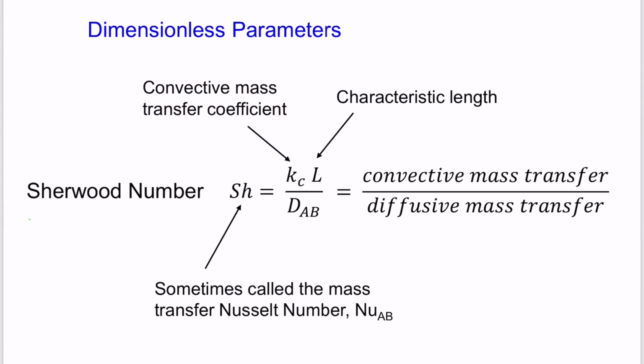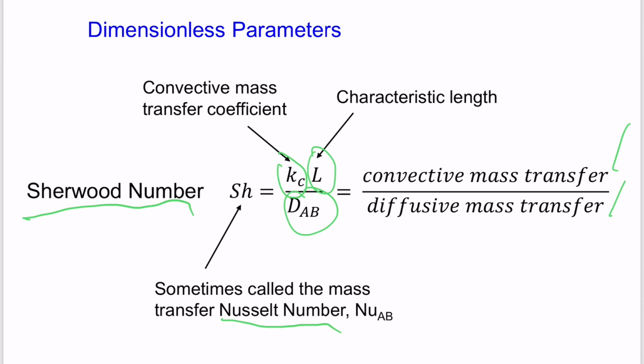And the final one that we'll talk about is the Sherwood number, sometimes called the Nusselt number, mass transfer Nusselt number. It is the convective mass transfer coefficient times some characteristic length divided by the diffusivity. So it's a ratio of convection to diffusion.